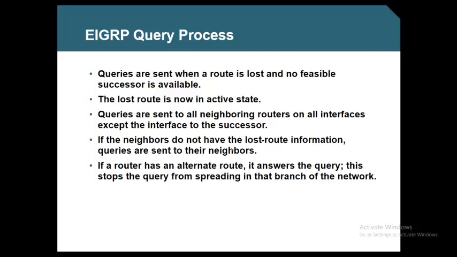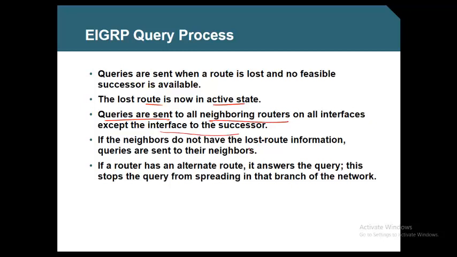When the primary route goes down, if there is no backup path, immediately the router will put the destination route into active state. It will start sending the query asking for the route to all the neighboring routers except the interface of the successor.